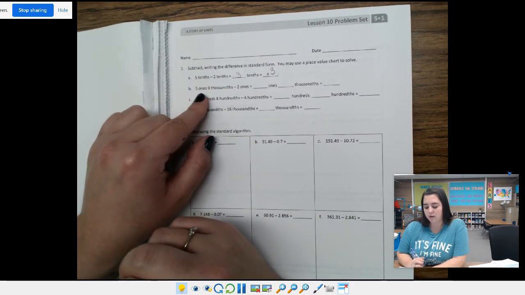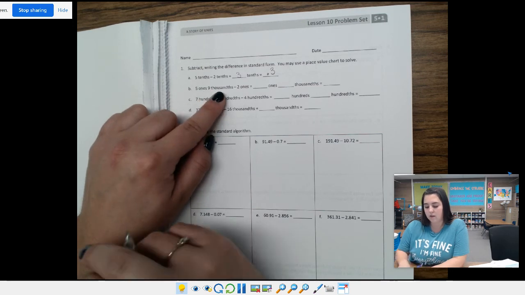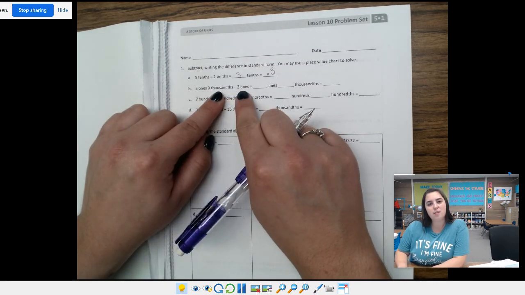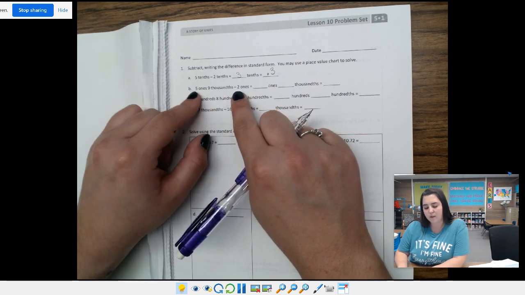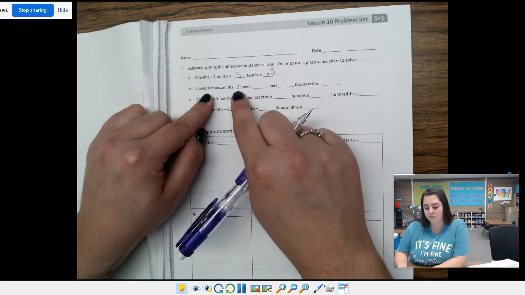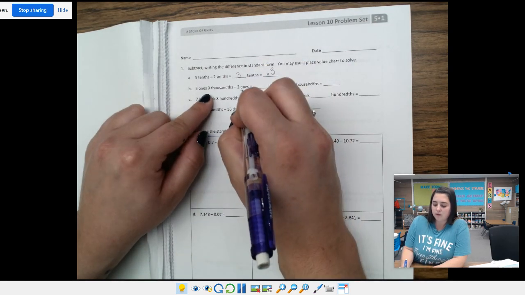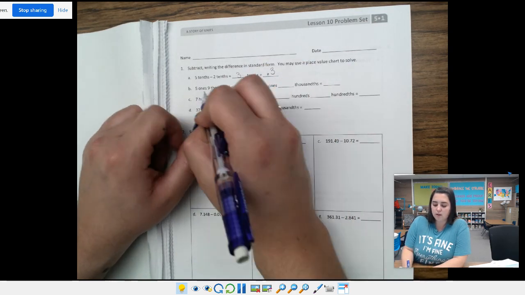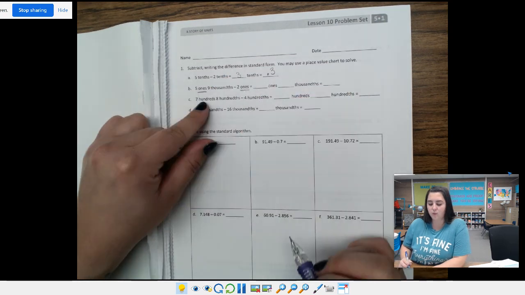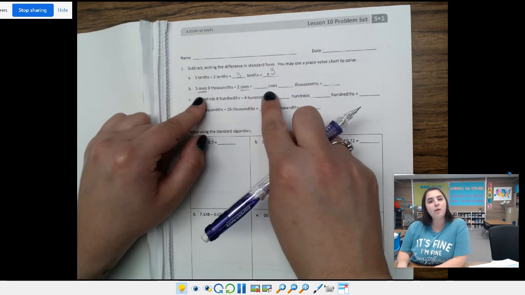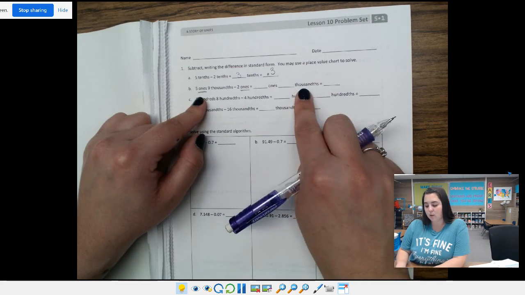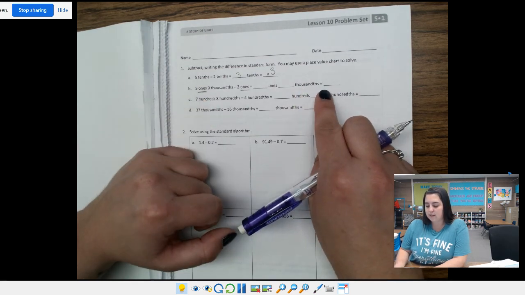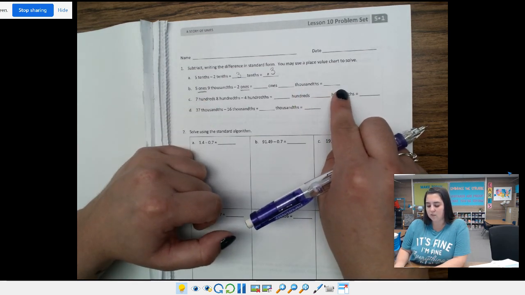Now let's do this one. 5 ones, 9 thousandths, minus 2 ones. So am I going to take away that 2 from the 5 or the 9? It's 2 ones, so I need to take it away from my 5 ones. How many ones are you left with? How many thousandths does that leave you with? And what does that look like as a decimal?